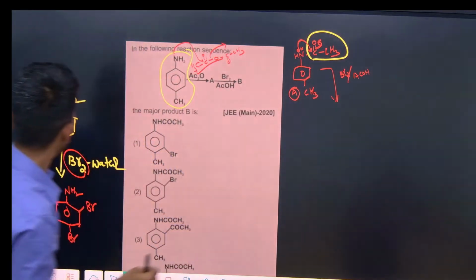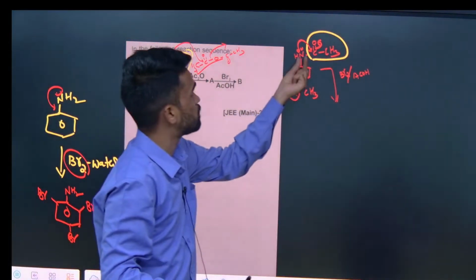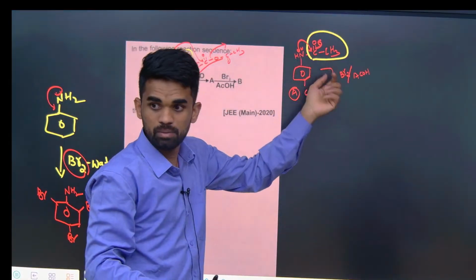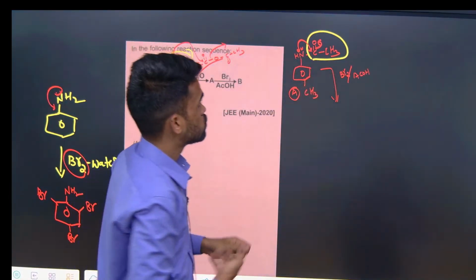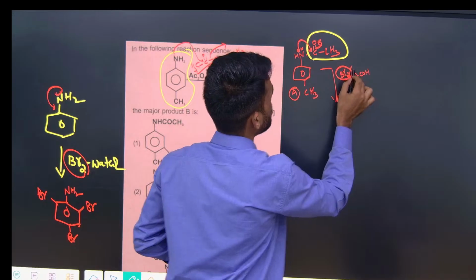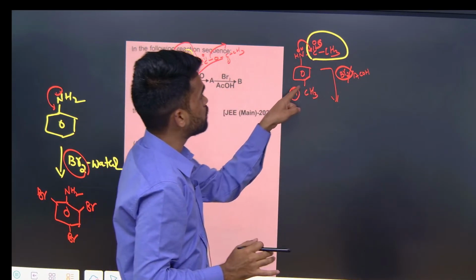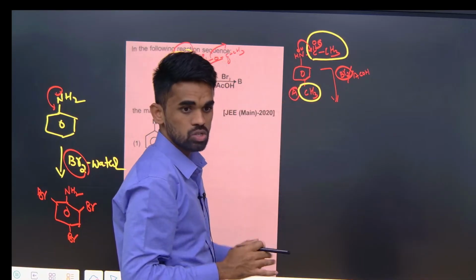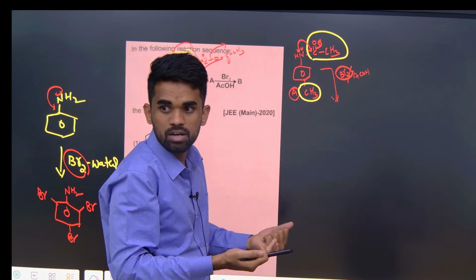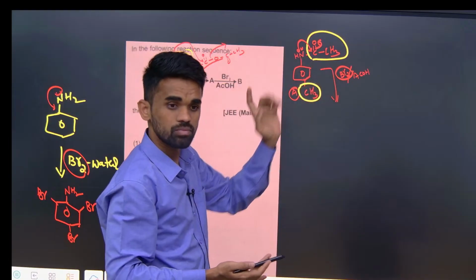Here it was completely activating, but now 50% activating, 50% deactivating, so it is controlled now, right? Now if I do bromination, it will be directed only to the ortho and para positions. See, the para position is already occupied by methyl, so there is no reaction at para. So this will be directed to the ortho position.